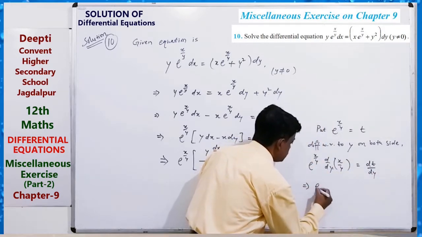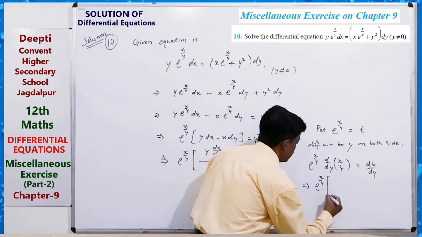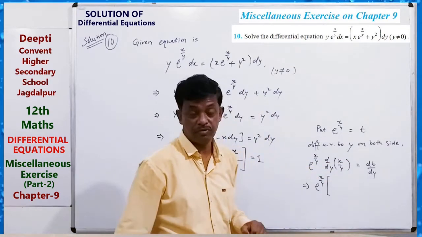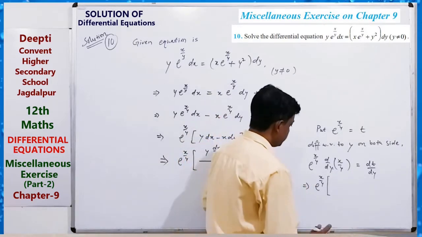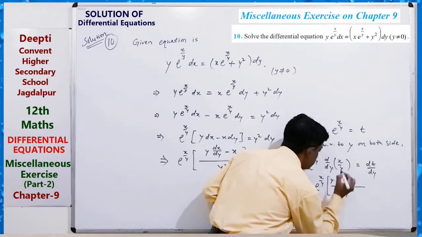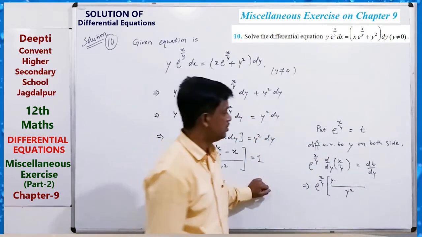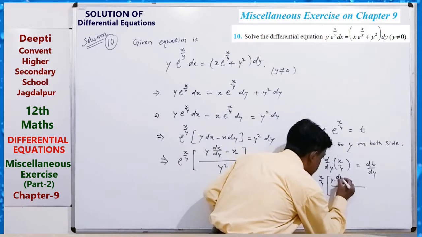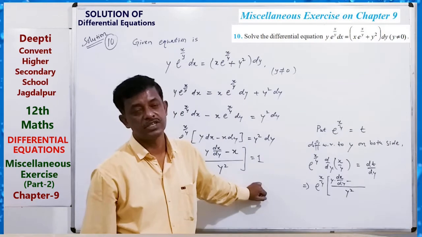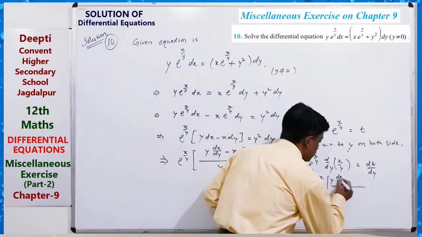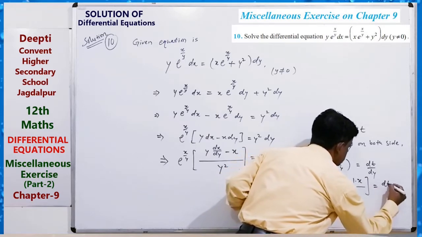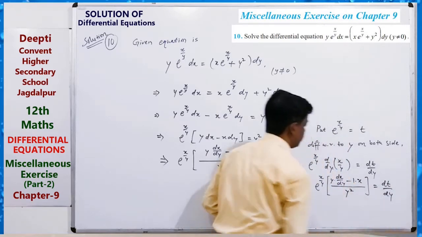Using the division formula for differentiation with respect to y, this gives e to the power x by y times y square, the denominator, into dx by dy, minus the differentiation of the denominator, which is 2y, into x, all upon y to the power 4, equals dt upon dy.